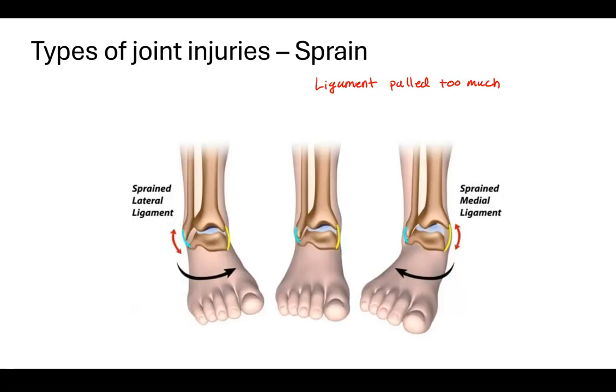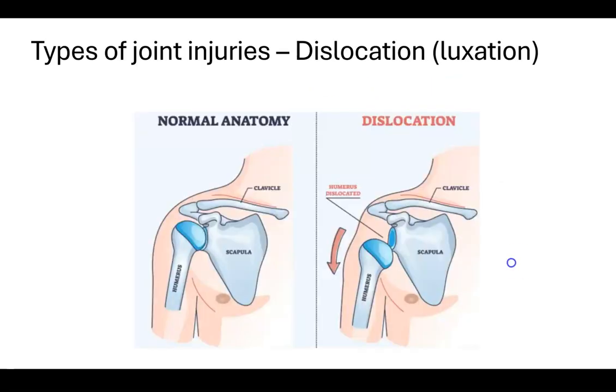But it can be really hard to put the ligaments back together because they're very fibrous and it's hard to sew fibers back together. Typically, again, these will heal on their own. It just takes a while because of the low blood supply.